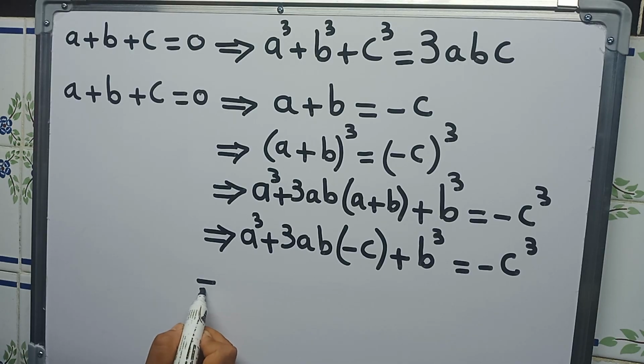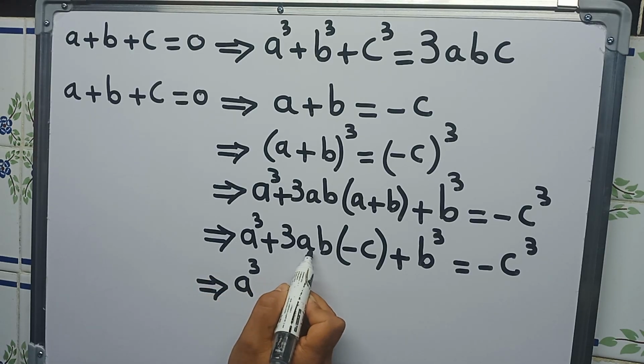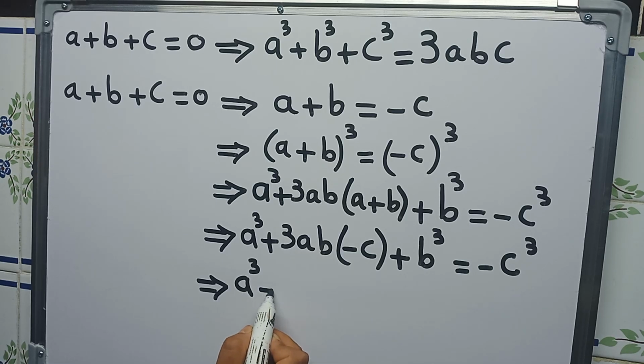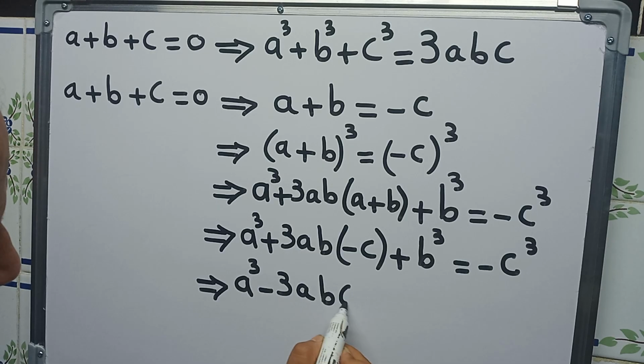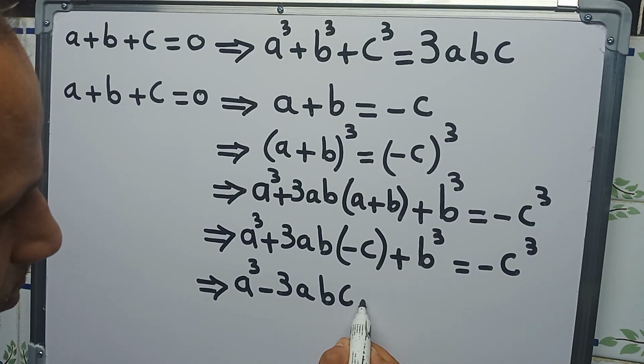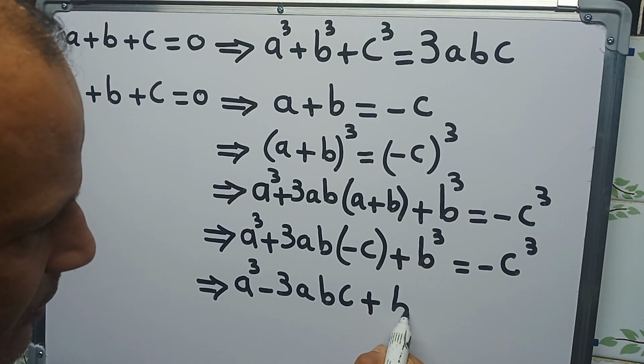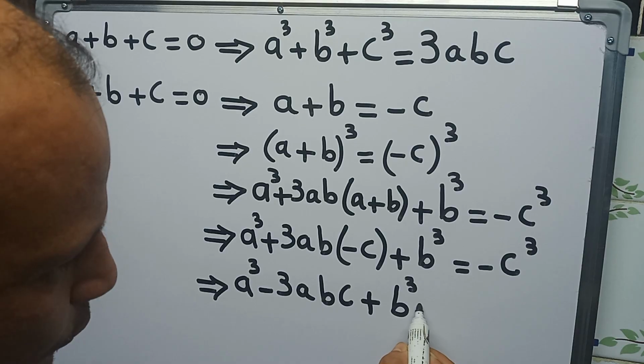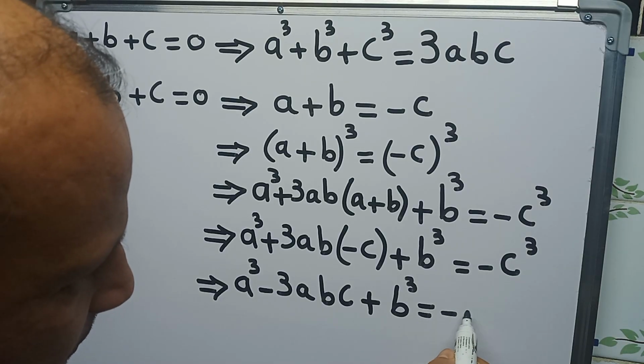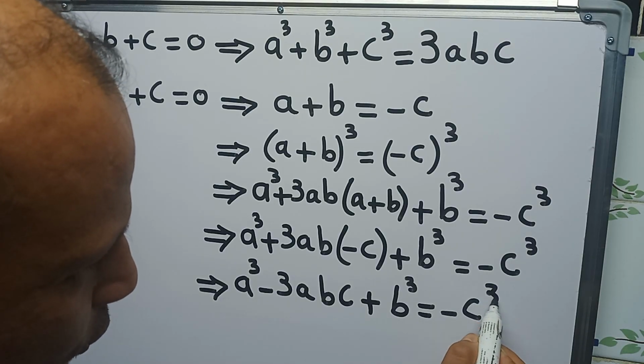Of course, here a cubed, 3ab times minus c is minus 3abc, of course, plus b cubed is equal to minus c cubed.